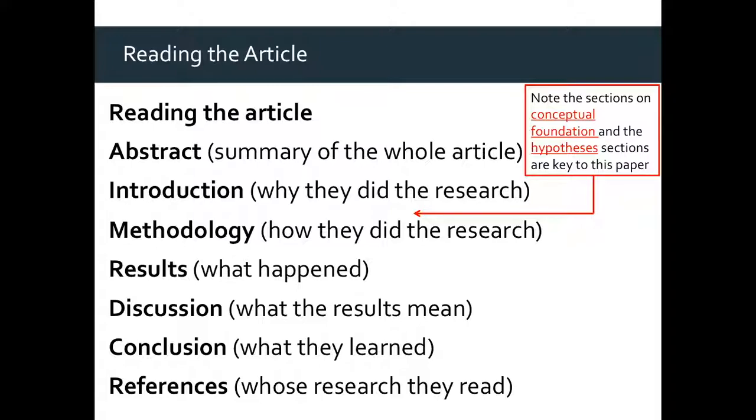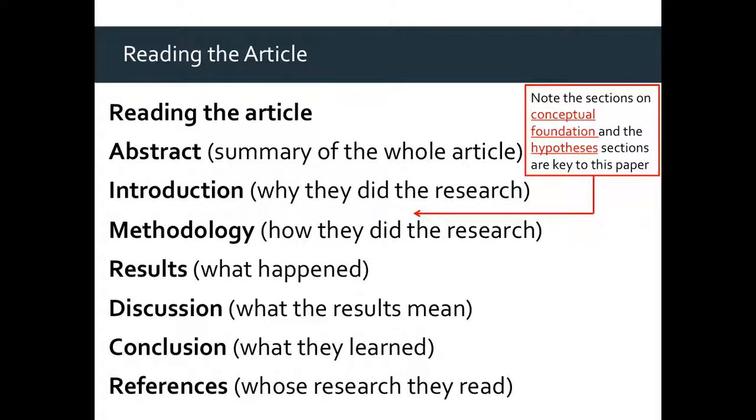Then there's the hypotheses section, which lays out the hypotheses for the paper. So we can see quite clearly that the author aims to test hypotheses. And then we go on to the methodology, results, and discussion.